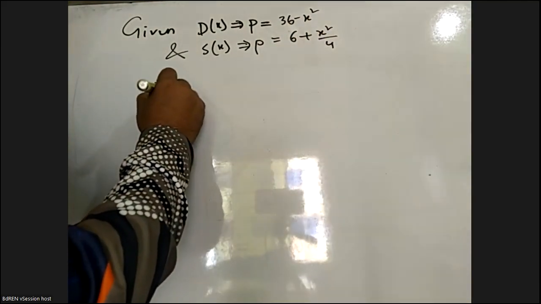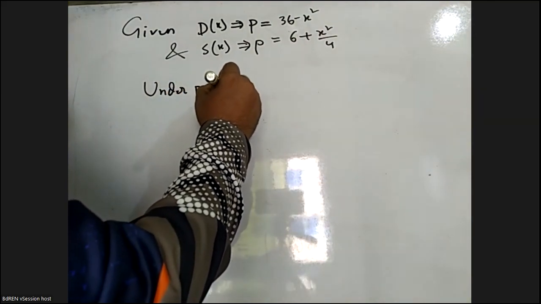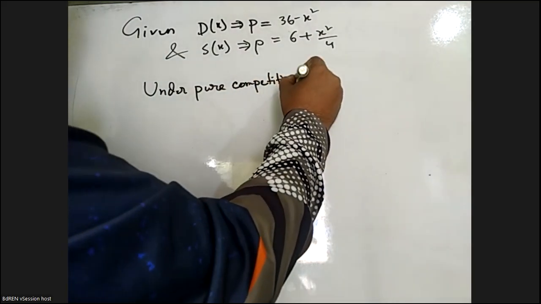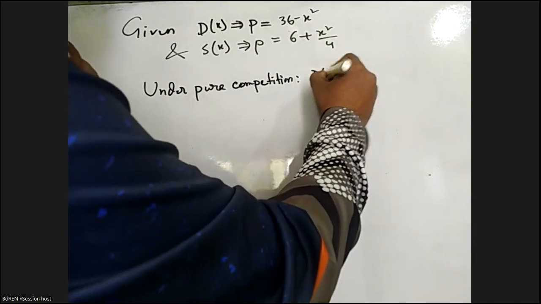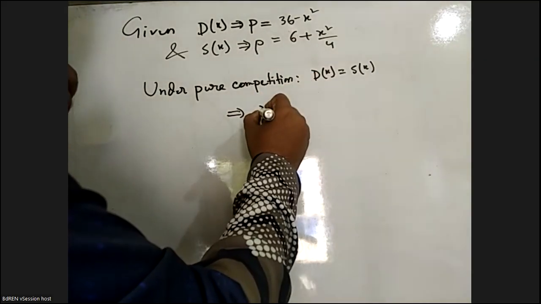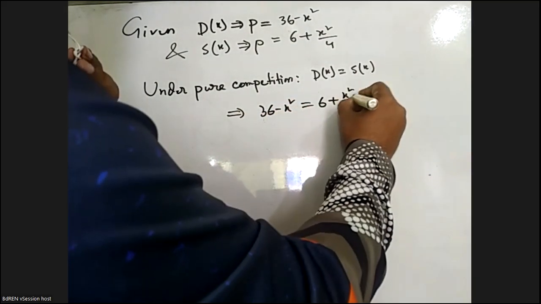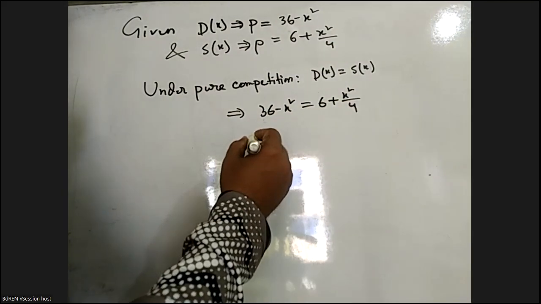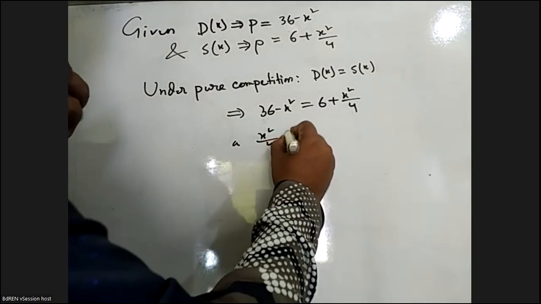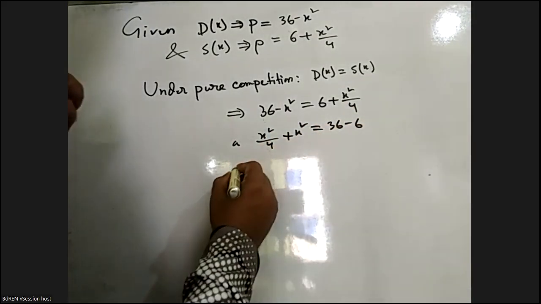Under pure competition of the market, we can write demand function equals supply function. So we get 36 minus x square equals 6 plus x square by 4, or x square by 4 plus x square equals 36 minus 6.